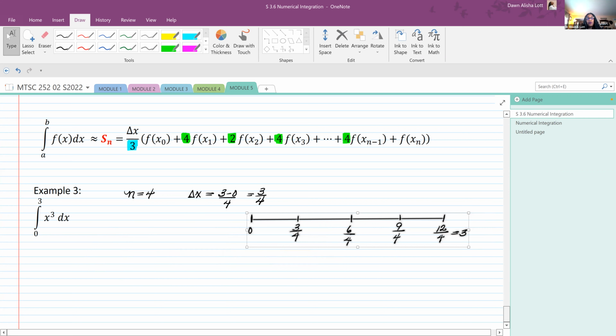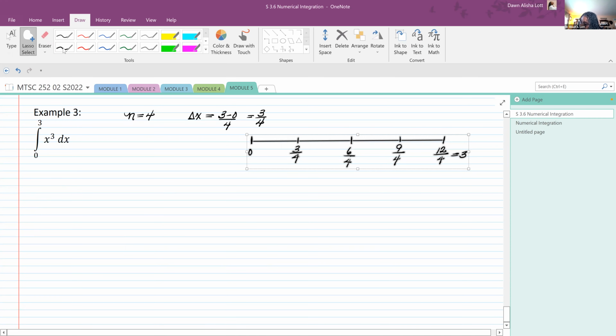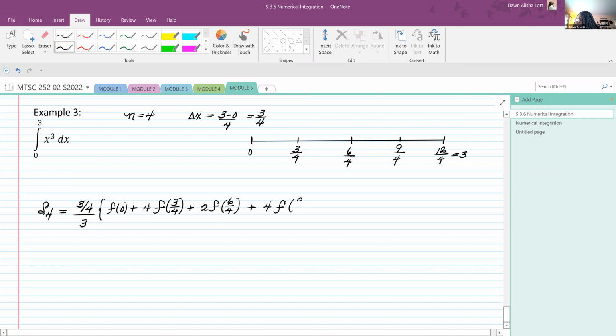Okay, so for S4, we're going to have delta x over 3 times f of 0 plus 4 times f of 3/4 plus 2 times f of 6/4 plus 4 times f of 9/4 plus 1 times f of 12/4, or 3. I think I'm going to leave it 12/4.